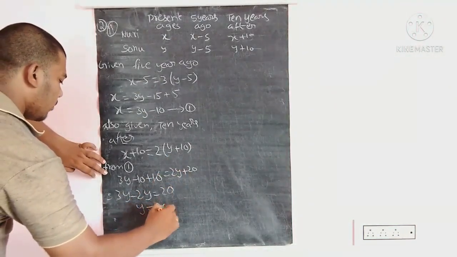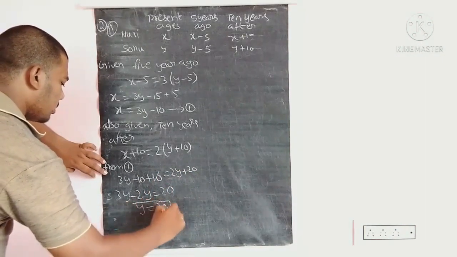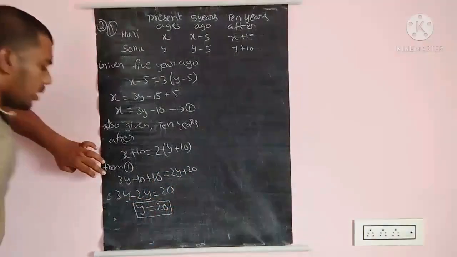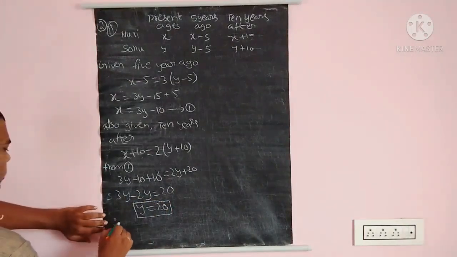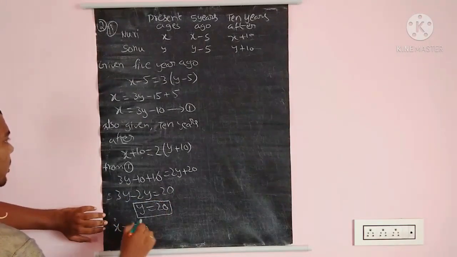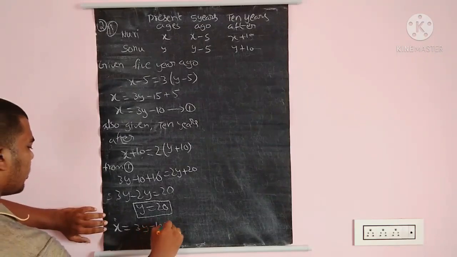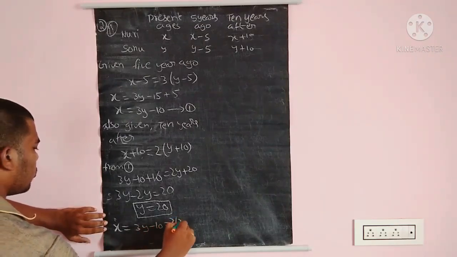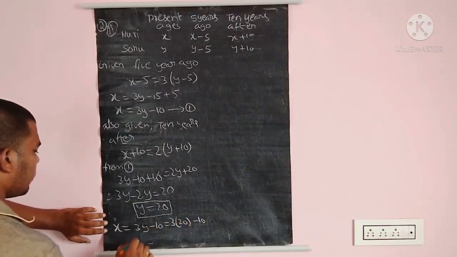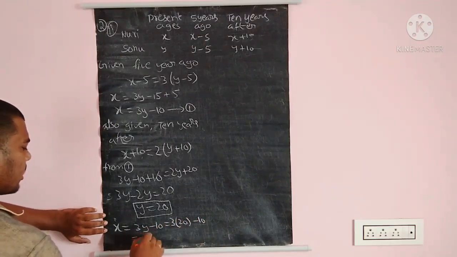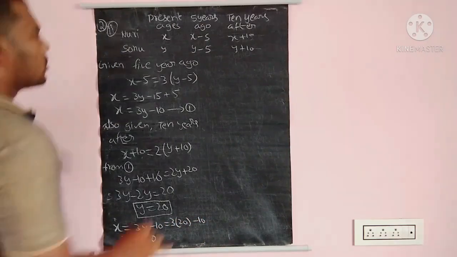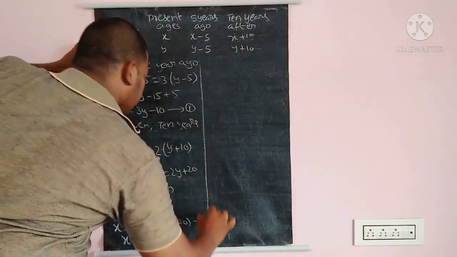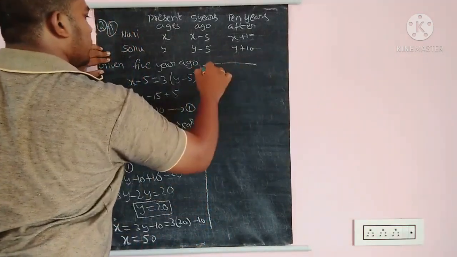So y is equal to 20. Now x is equal to 3y minus 10, 3 into 20 minus 10, 60 minus 10, so x is 50.